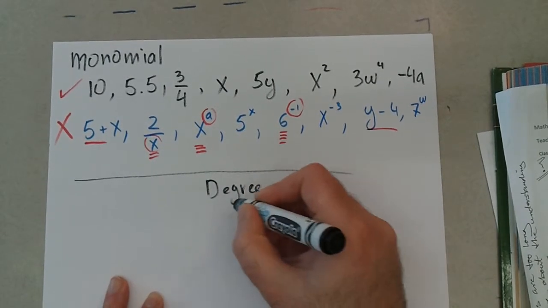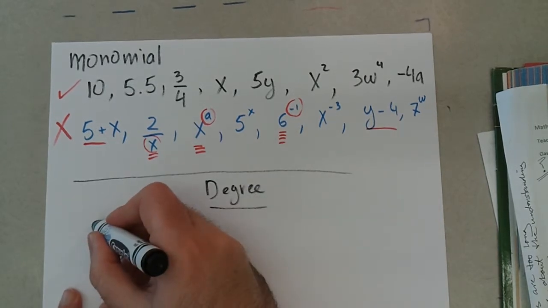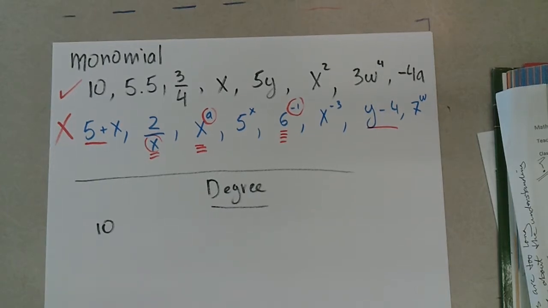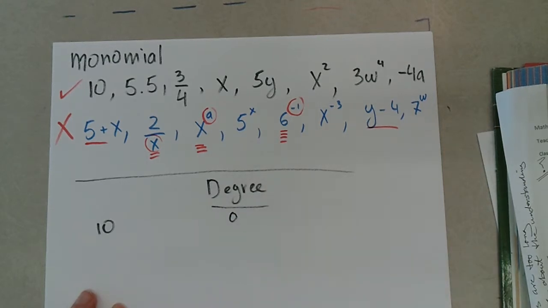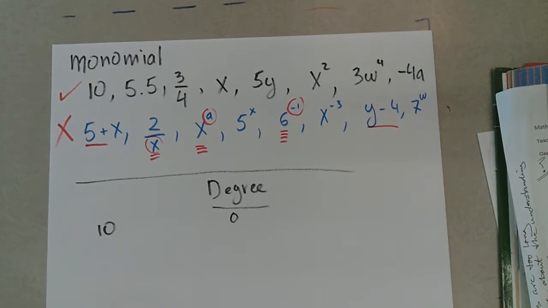So for example, let's take the number, I don't know, 10. It's a constant, it's a monomial, but because it's not a variable, it automatically has a degree of 0. That's the lowest degree monomial that you could have. Now let's take something else.